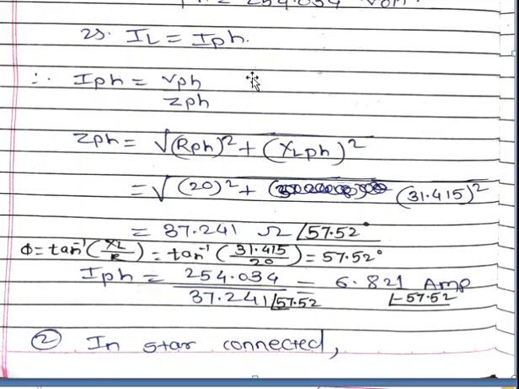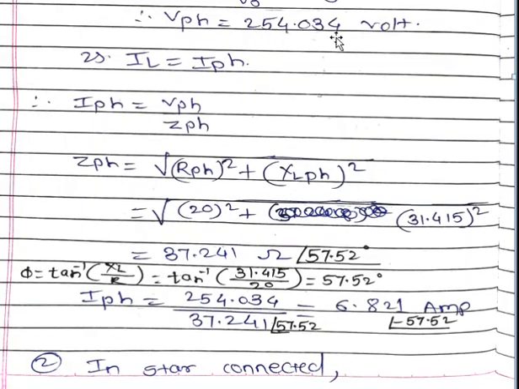Now we calculate the value of IPH. We already know the value of VPH, which is 254.034 volt, and the value of ZPH we calculated is 37.241 at an angle 57.52 degree. Now current IPH is equal to 254.034, that is VPH, divided by ZPH, which is 37.241 at an angle 57.52 degree.